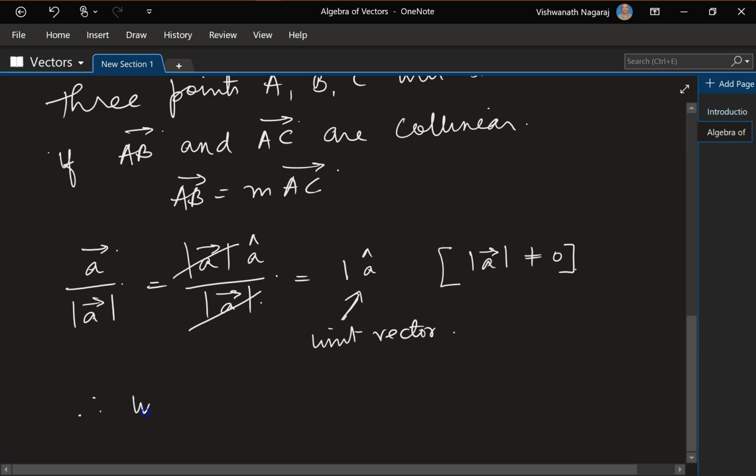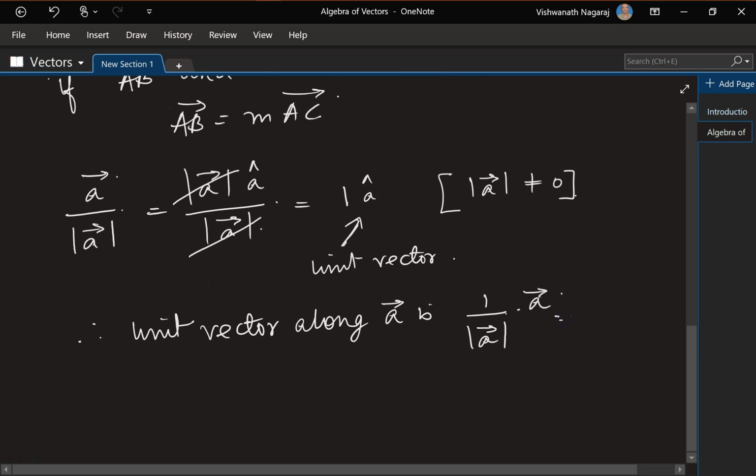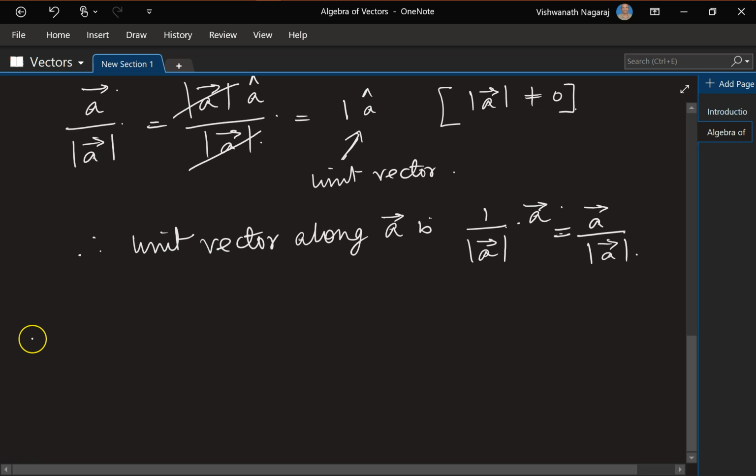So therefore, the unit vector along A is 1 by magnitude of A times vector A, or we can just say vector A divided by its magnitude will give you the unit vector along A.